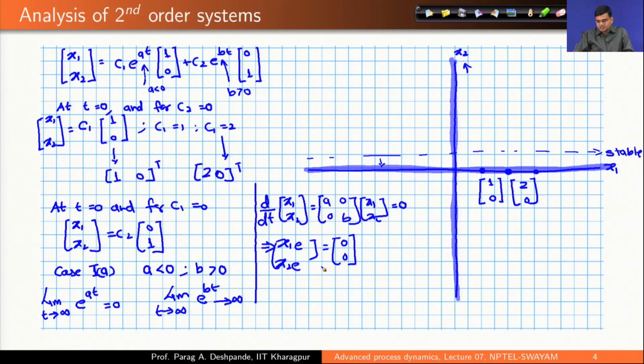It is not very difficult to solve this system of equations. So, my equilibrium solution for this system is this point 0 0.